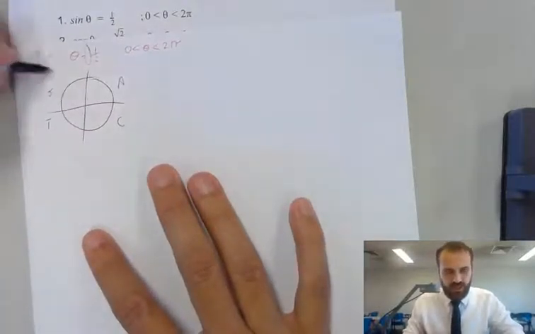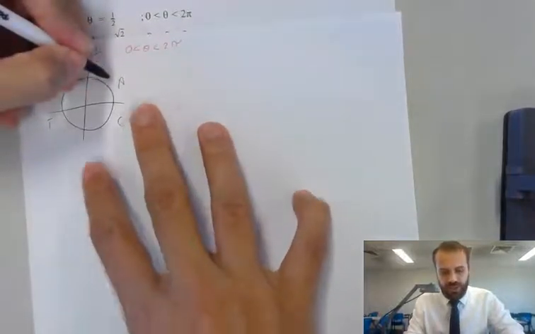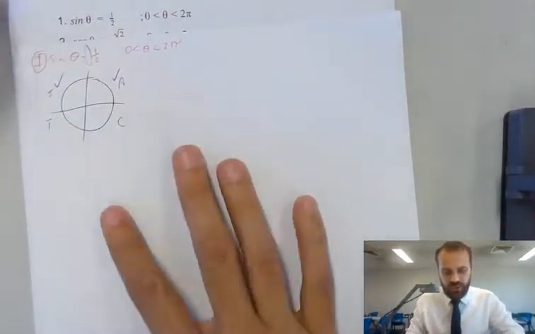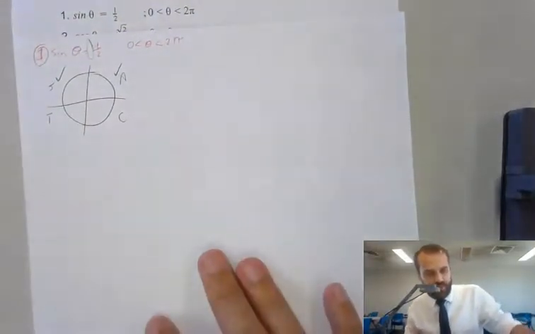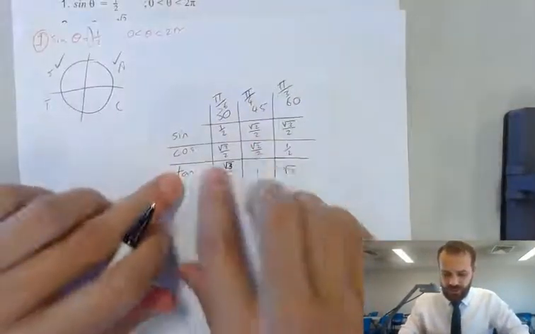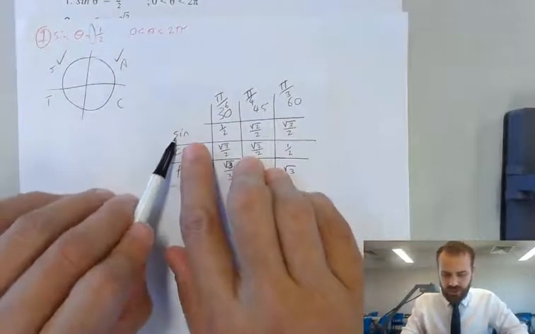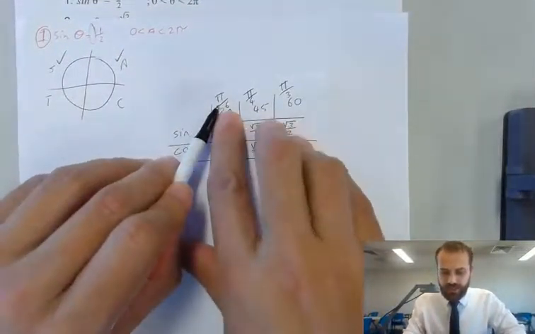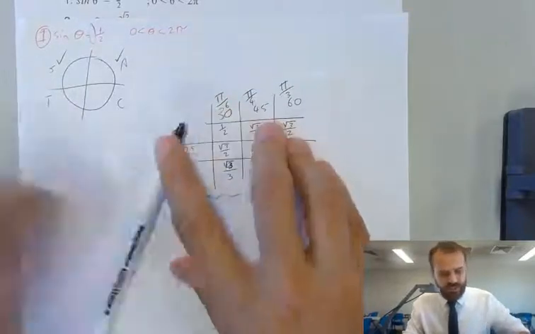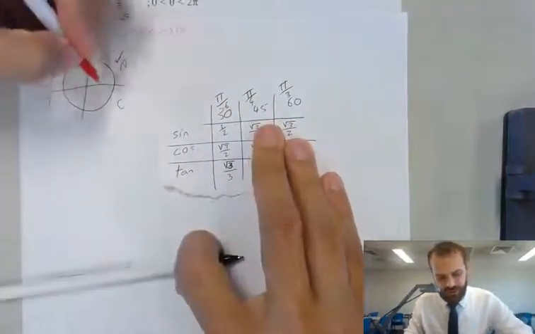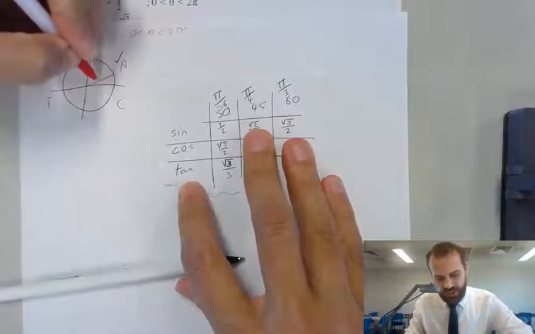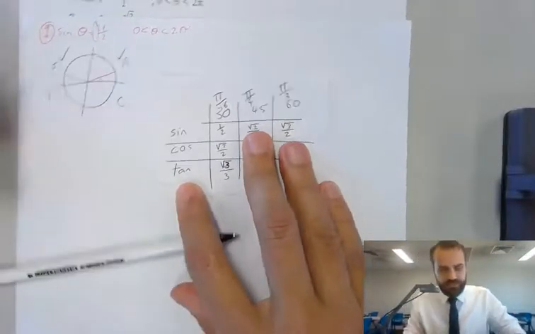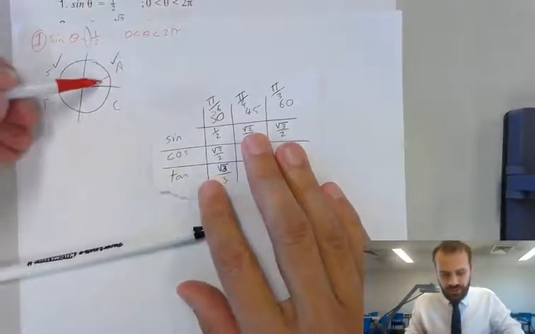C-A-S-T. It's a sine question, so it's going to appear in this quadrant, the all positive quadrant, and the sine quadrant there. Next, I'm going to come over here. Sine theta equals 1/2. Sine 1/2, that happens here at pi on 6. Pi on 6 is 30 degrees. So it's going to be here and here. Now, that one's easy.